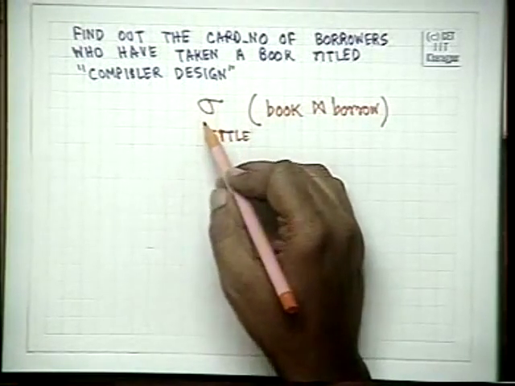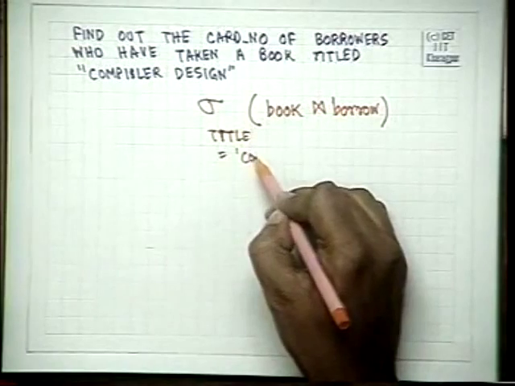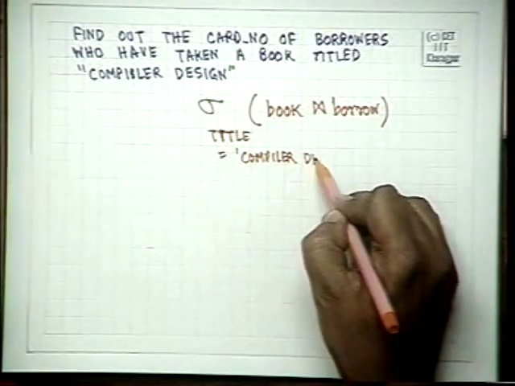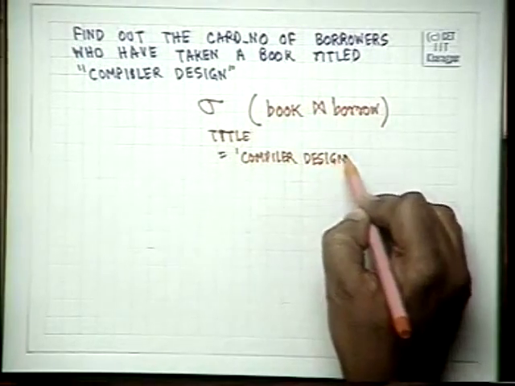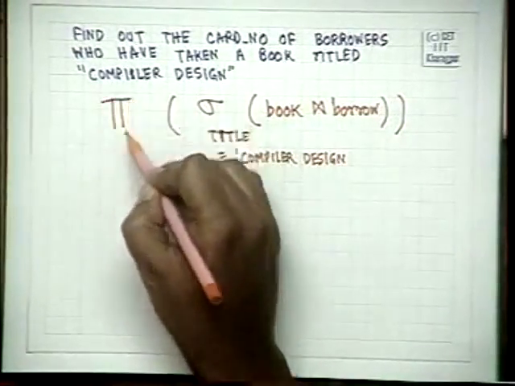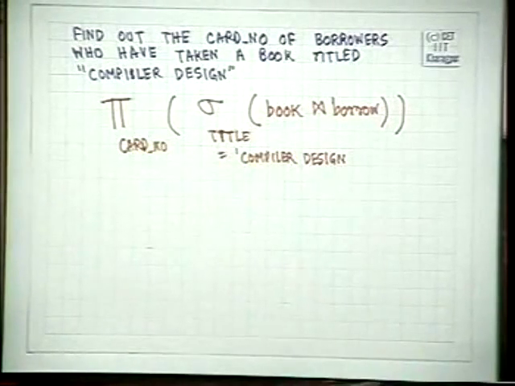This selection is different from the select operator of SQL. Title equal to Compiler Design, and we want the card number. This is the relational algebra expression.